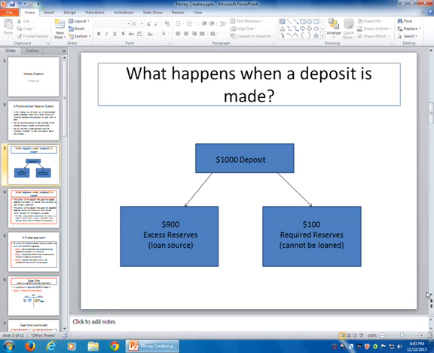The part of the deposit that goes into excess reserves can be used by the bank for purposes such as making loans. Here we get a sense of this fractionalization. We have a $1,000 deposit made in the bank, but there are $100 of required reserves to back it up. So on a fractional basis, a larger deposit is being supported by a smaller amount of required reserves within the bank.